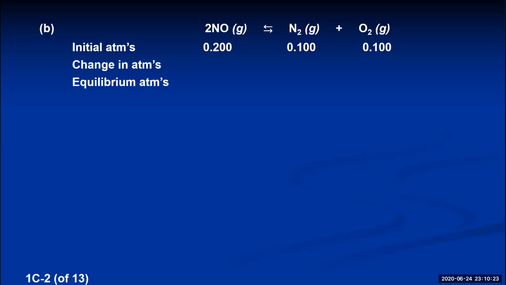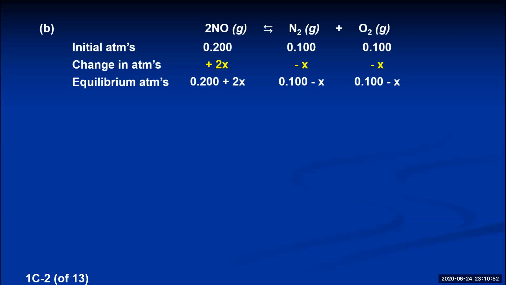So the change in atmospheres for the NO will be a positive 2x, the change in pressure for the N2 will be a negative x, and the change in pressure for the O2 will also be a negative x. Adding the columns, the equilibrium pressure for NO will be 0.200 plus 2x, the equilibrium pressure for N2 will be 0.100 minus x, and the equilibrium pressure for O2 will be 0.100 minus x as well.